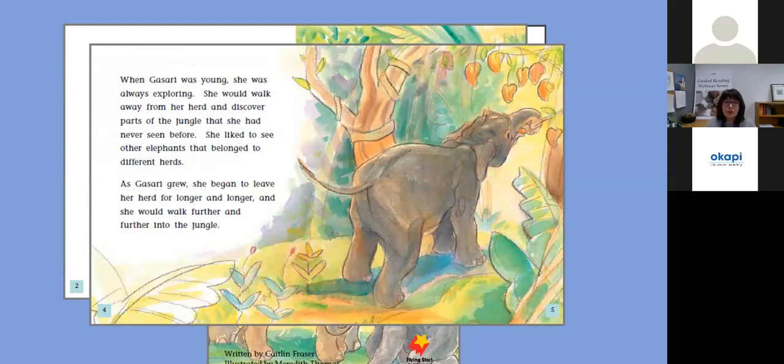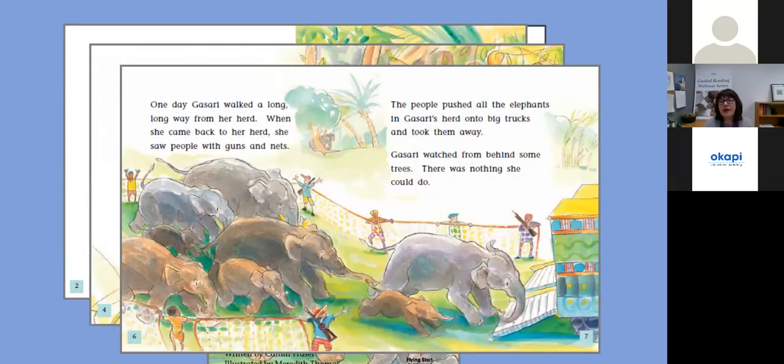In this particular book, one of the things that really begins to happen is that they're learning about how characters are introduced into text. So at the beginning, we begin to learn a lot about Gasari, who's adventurous and likes to go on these walks. But then one day, when she's on a long walk, when she comes back, she sees her herd being taken away.